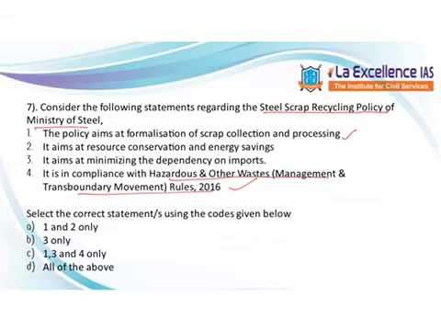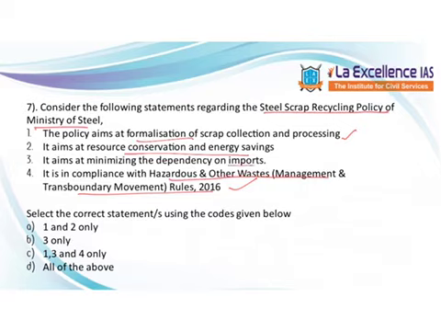We are already aware that because of informal and unscientific collection, there is huge dumping across the city. Therefore, we want to go for formal and scientific collection. It will also help in resource conservation and energy savings, and in setting up an environmentally sound management system for handling ferrous scrap. Then, it aims at minimizing the dependency on imports.